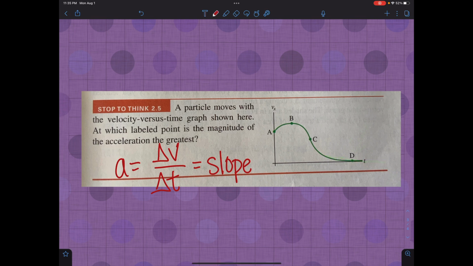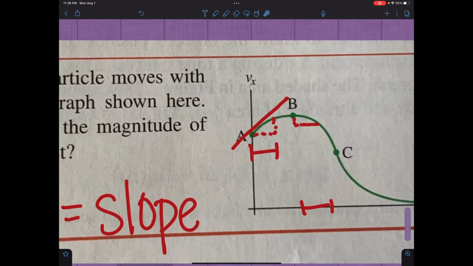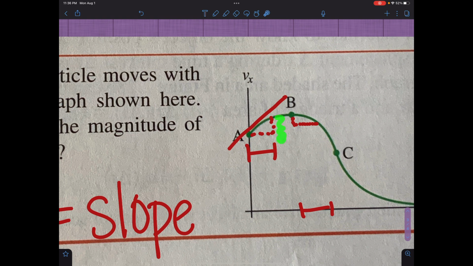So a couple ways you can think about it. If you draw your little triangle, velocity change in time, and then your tangential line, right here, you're not changing your velocity very much, even though your time distance might be about the same as the one I drew there. That's time on the x-axis. Another way to think about it is, where is the up and down magnitude, the y compared to the x, the greatest?